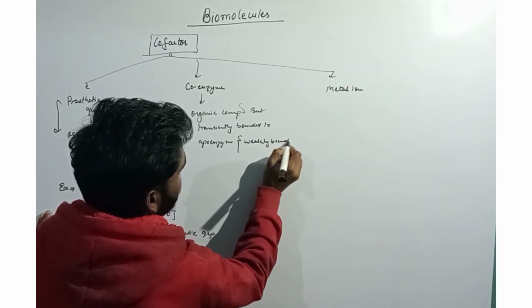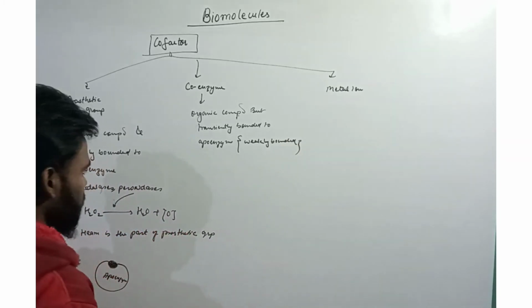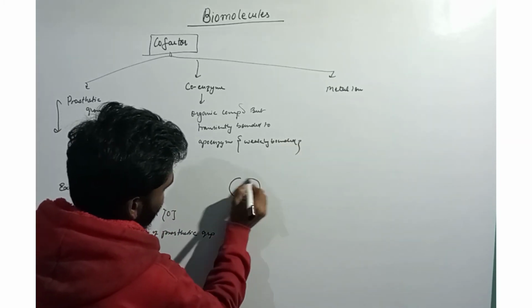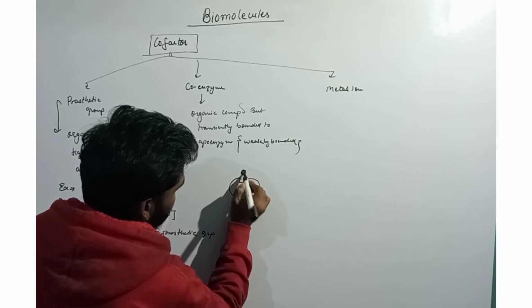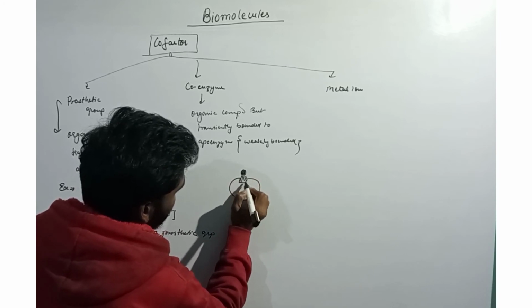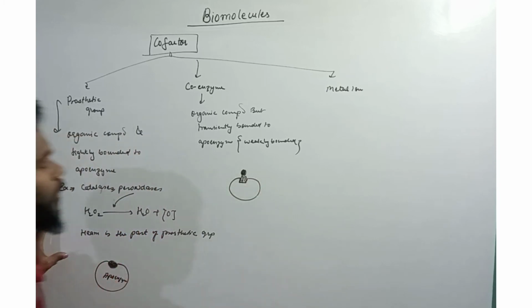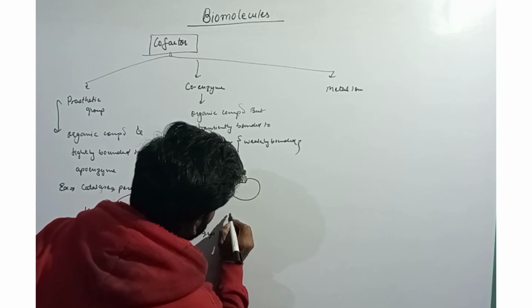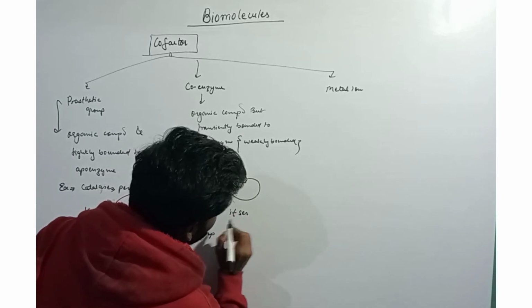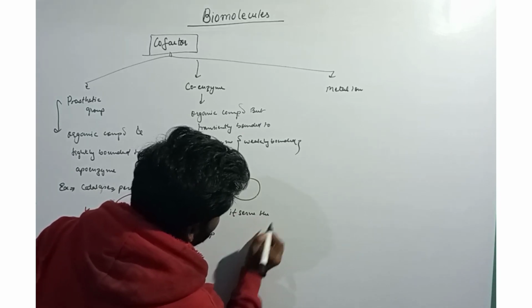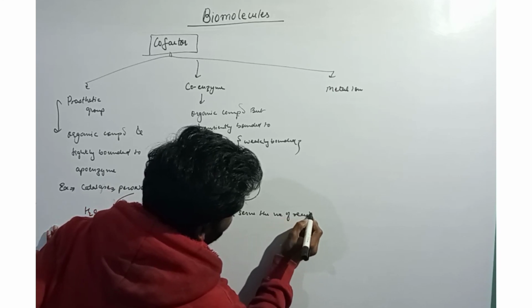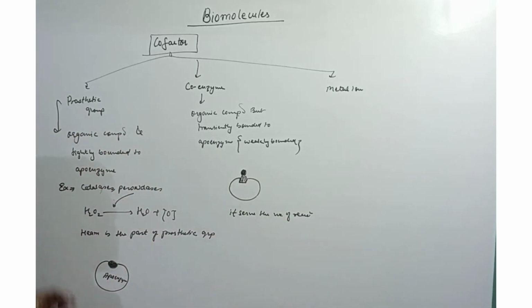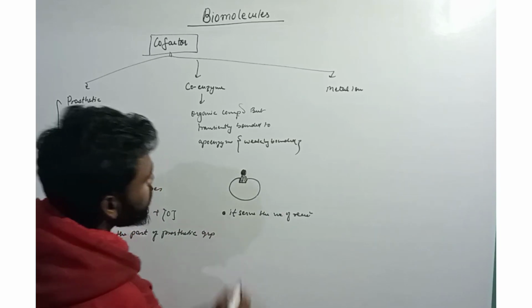For example, if this is the structure of the apoenzyme, then it will be weakly bonded. That's why it serves a number of reactions which it catalyzes, because it is loosely bonded.